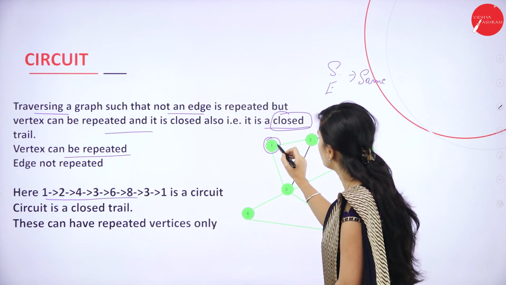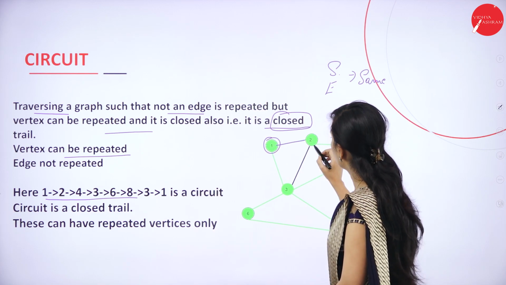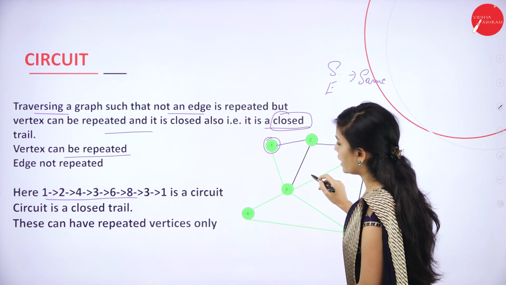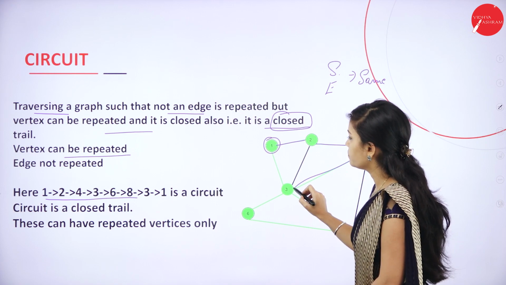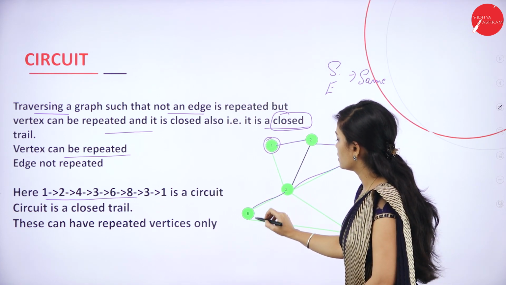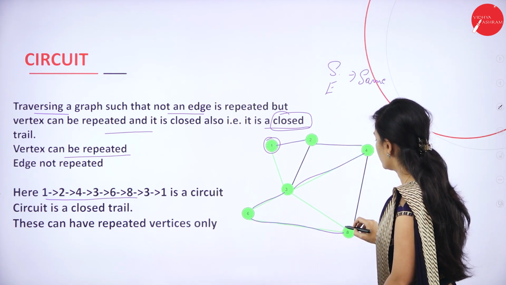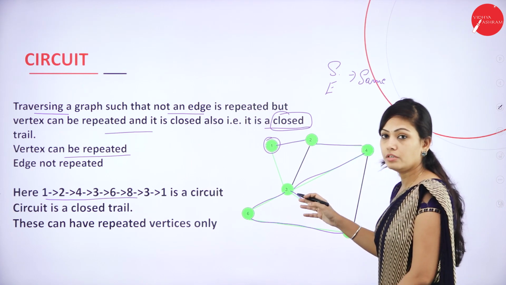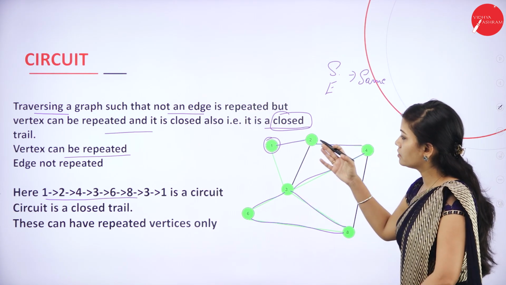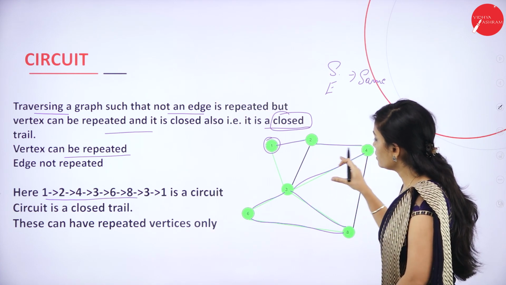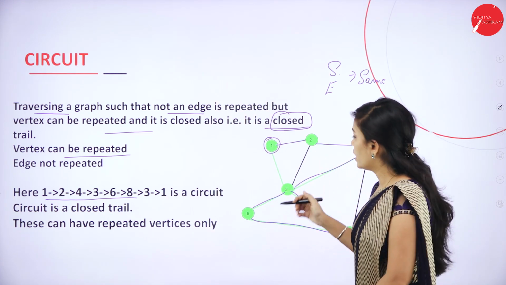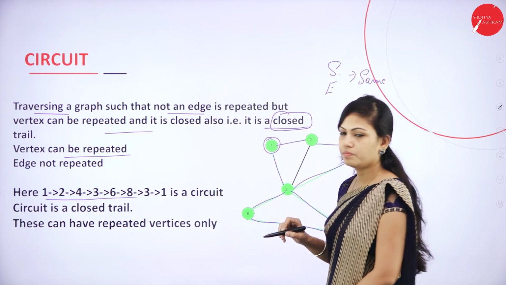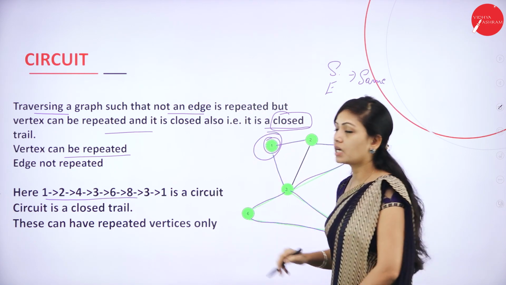So 1 to 2 and 2 to 4 and 4 to 3, 3 to 6, 6 to 8, 8 to 3. So here I have not repeated the edges, but you can repeat the vertex. And again 3 to 1. So we have reached the same starting point.